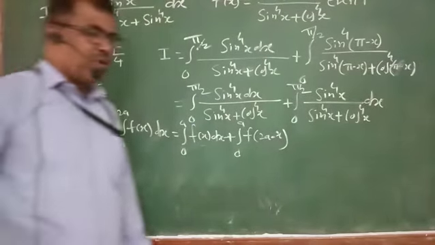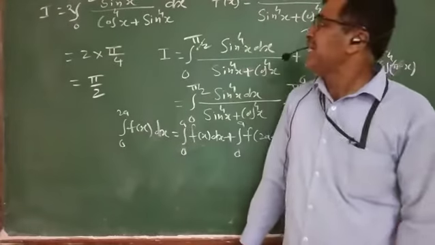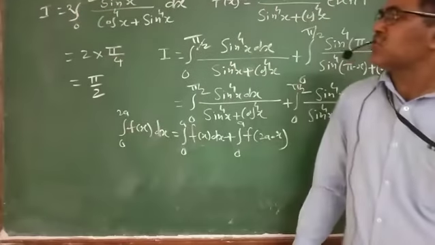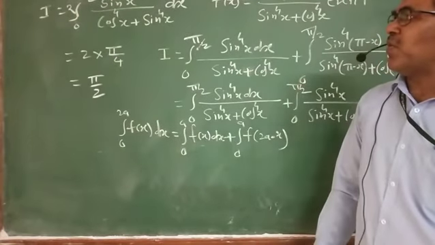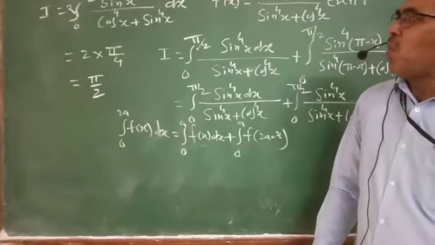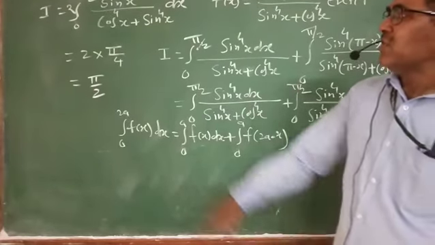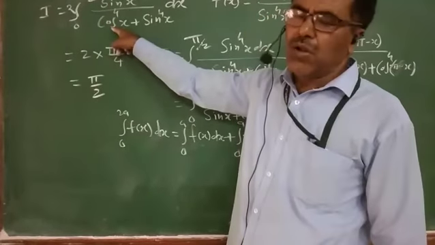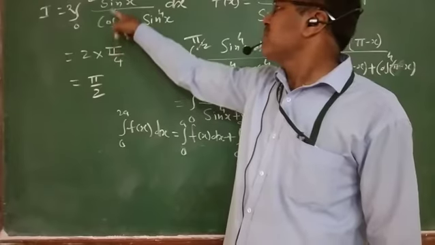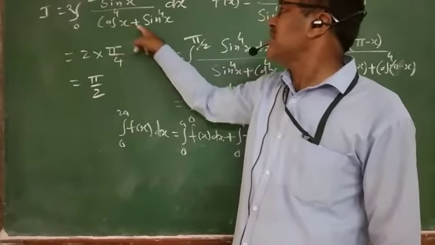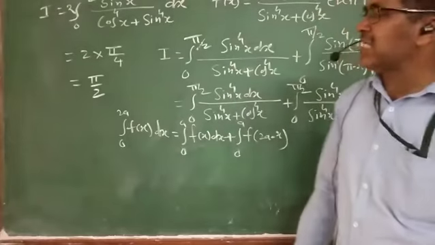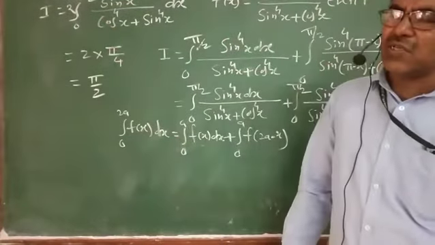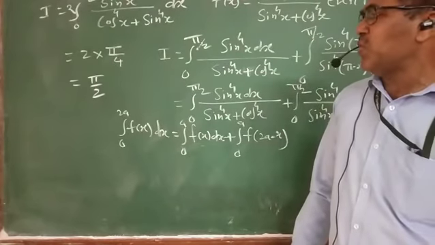By using this property, we find 2 times integration 0 to pi by 2 of sin raised to 4 plus cos raised to 4, and we know integration 0 to pi by 2 of sin raised to 4x divided by cos raised to 4x plus sin raised to 4x is equal to upper limit minus lower limit, that is pi by 2 minus 0 upon 2.